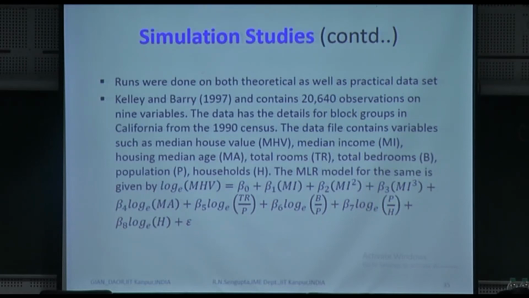And the error has a normal distribution with zero mean and some variance. So it can be checked. With 20,640 observations you can divide it into a set where you estimate the beta hats and then test how good or bad your predictions are with respect to the general case of regression models which are used.